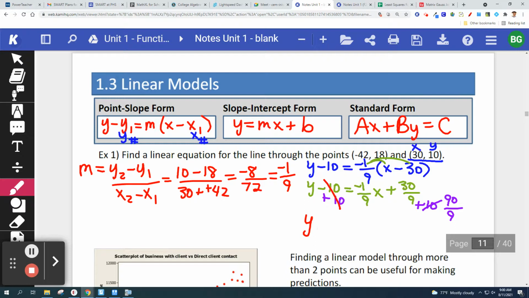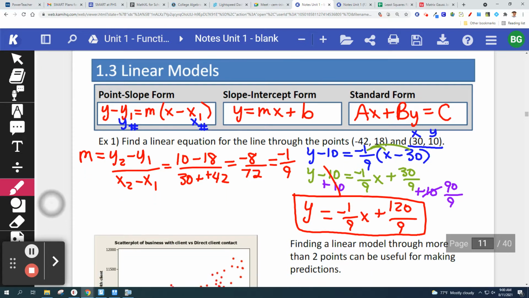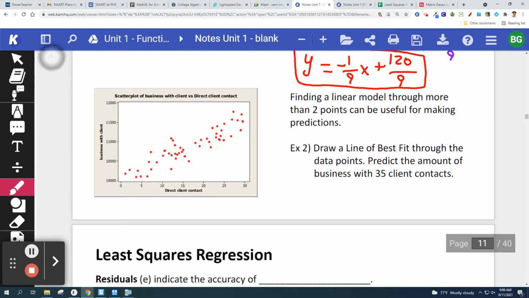I get y equals negative 1/9 x plus 120 over 9. And other than the fractions, that problem should seem fairly familiar and comfortable to you. You've done that kind of thing a lot in algebra class, algebra 1, algebra 2. But that's kind of a very basic example of what we're doing today with linear models.